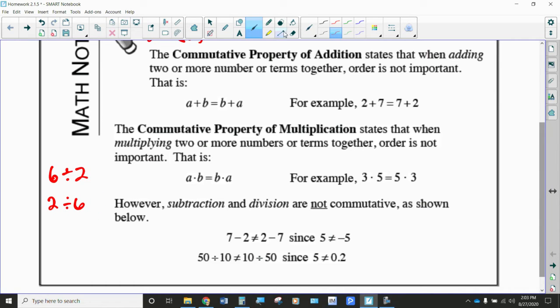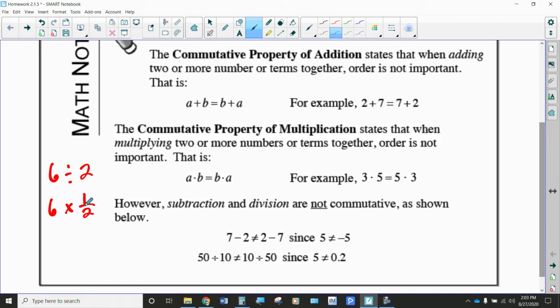You would get 1/3. And that's where, if we were to change this, 6 divided by 2 is the same as 6 times 1/2. Now you can rearrange the order by changing the division problem to an equivalent multiplication problem, multiplying times the reciprocal of this number 2.